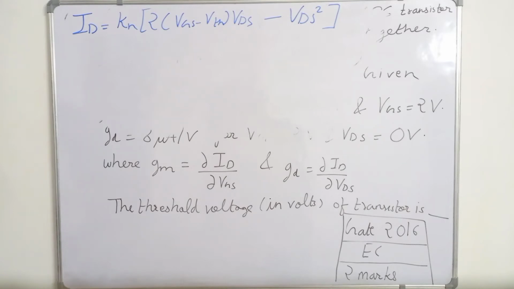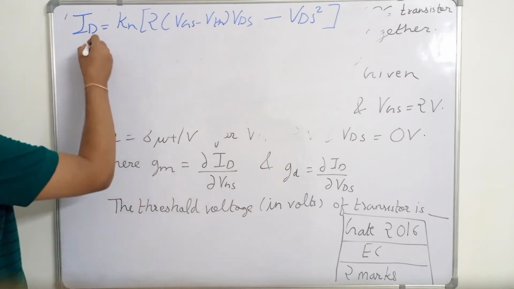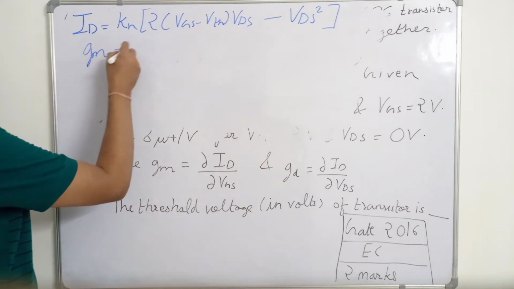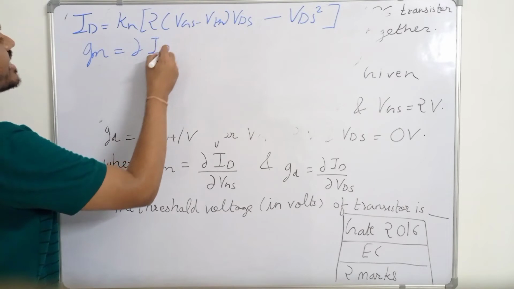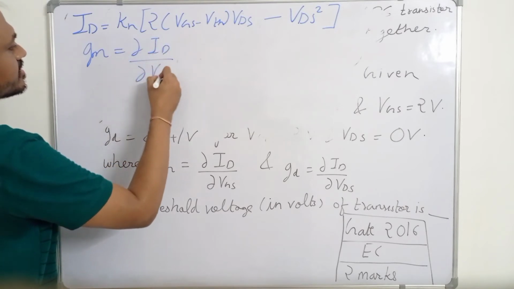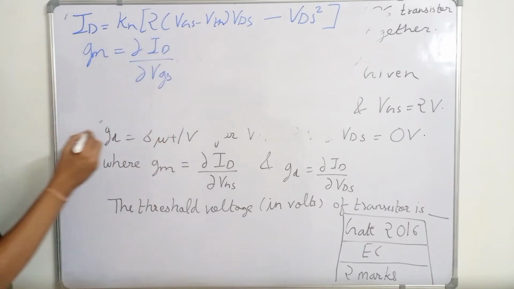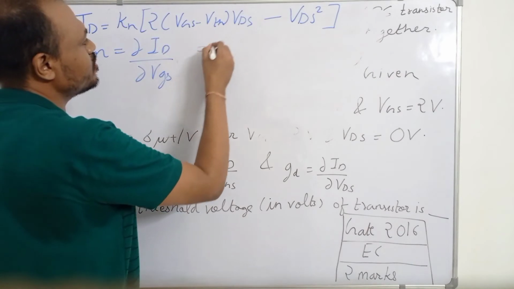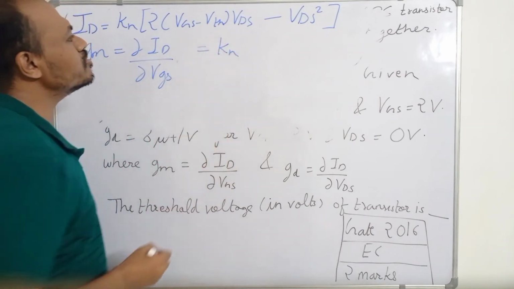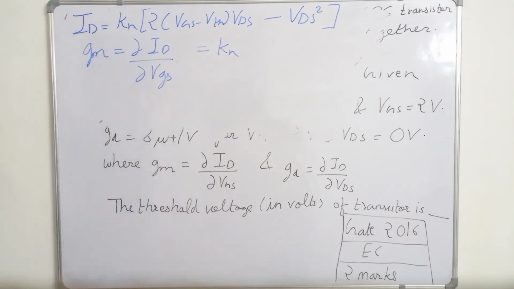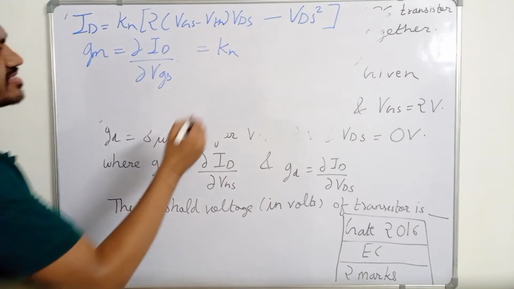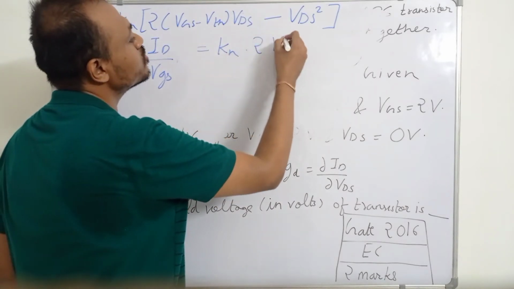Now GM equal to delta ID upon delta VGS. Just do the partial differentiation, so it will give you Kn into 2 VDS.